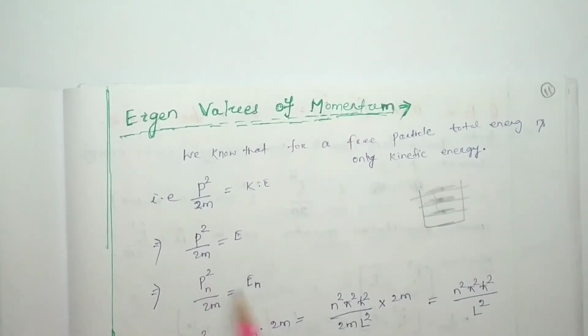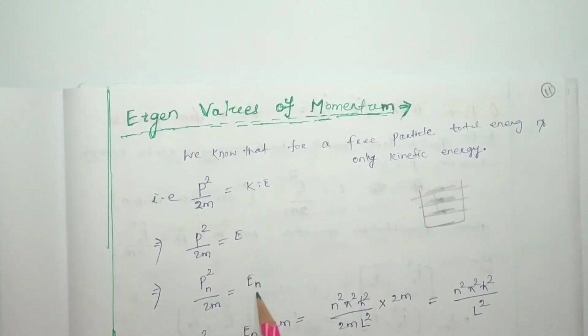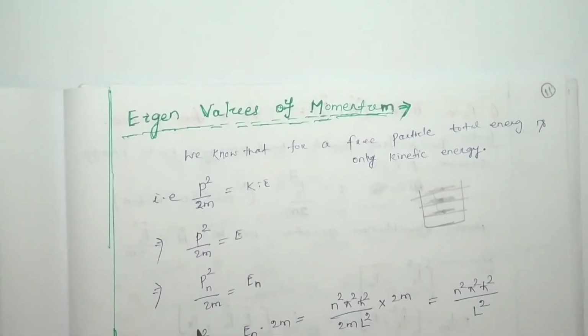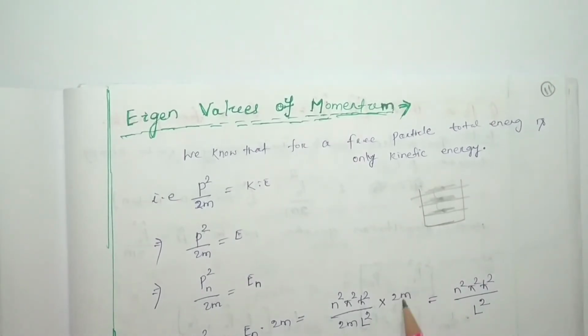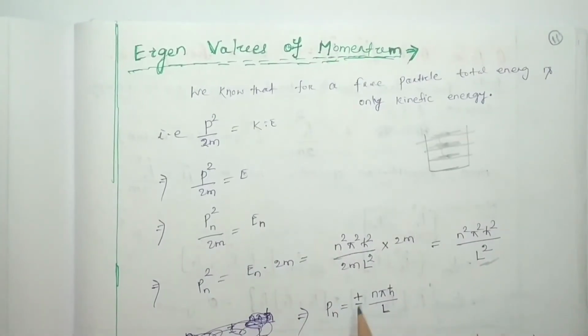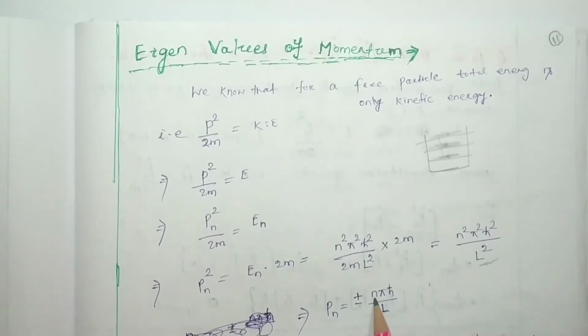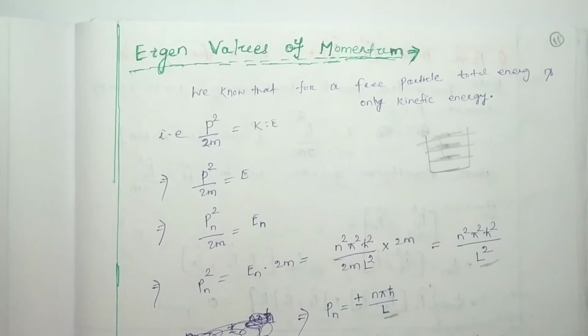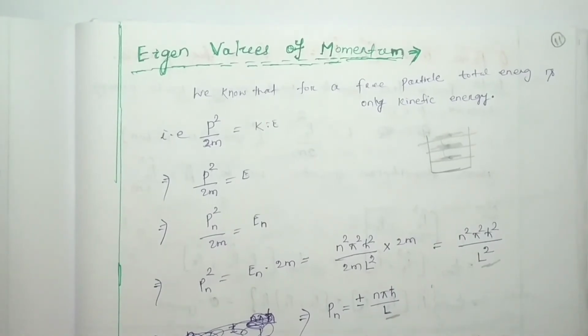So here we can write Pn square by 2m will be equal to En, and Pn square will be equal to En into 2m, which can be written as n square pi square h cross square by L square. So Pn will be plus or minus n pi h cross by L. P1 means the momentum at the first state.